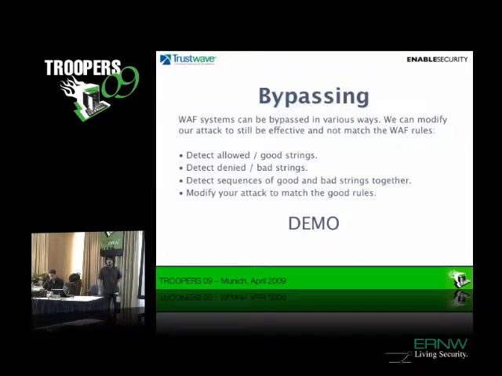And then modify your attack. If you're doing an SQL injection attack, you're going to avoid certain keywords, or you're going to encode your keywords in a certain manner. That's how a penetration tester will go about bypassing a web application firewall.